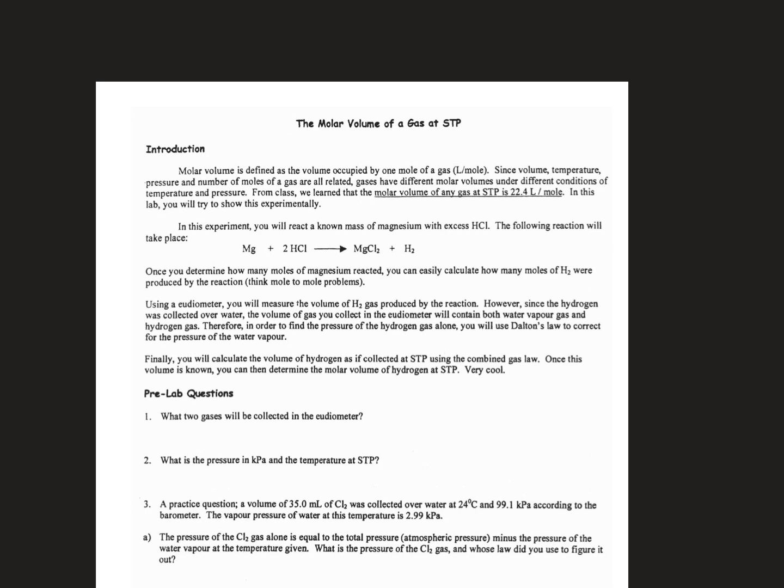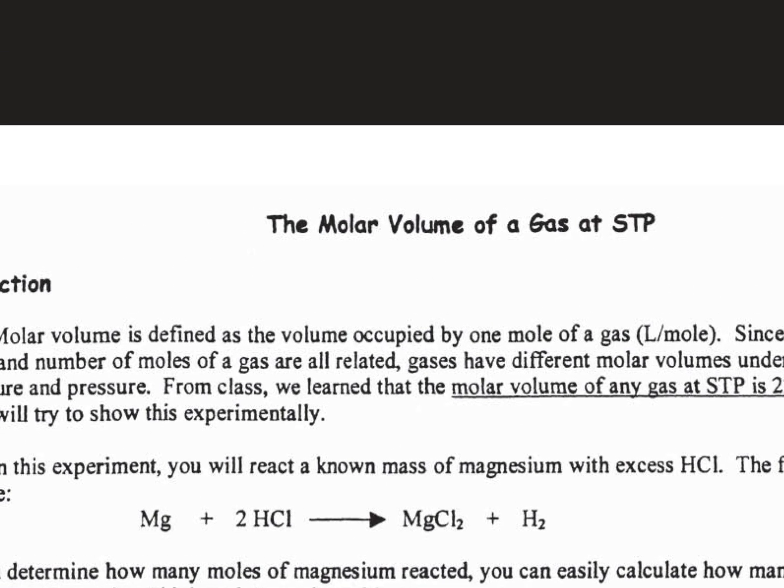All right, so what we're going to do in this lab is we're going to determine the molar volume of a gas at standard temperature and pressure. Now, to be clear, guys, we already know that the molar volume of any gas, 1 mole, is 22.4 liters at standard temperature and pressure. That is true for any gas.